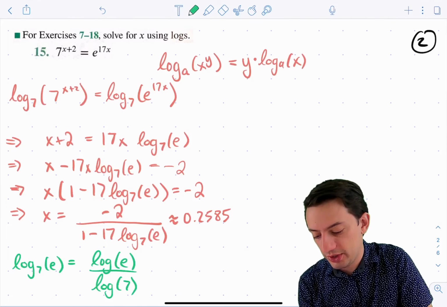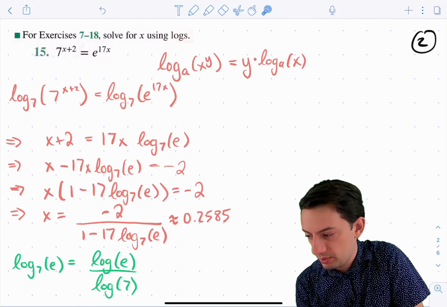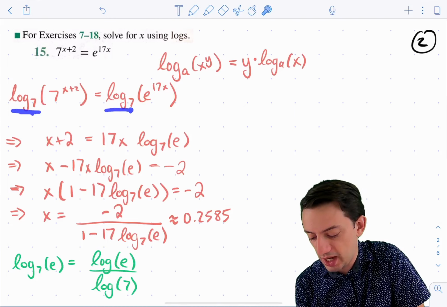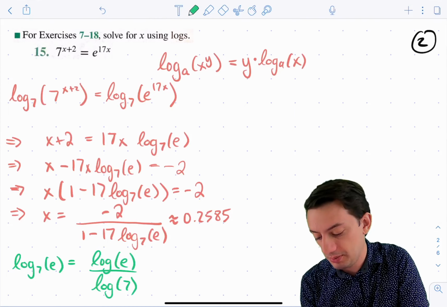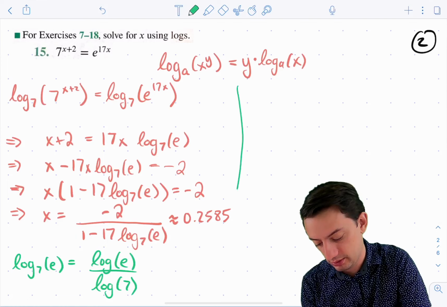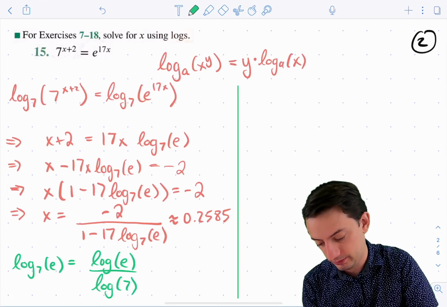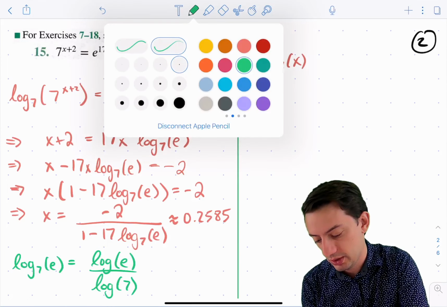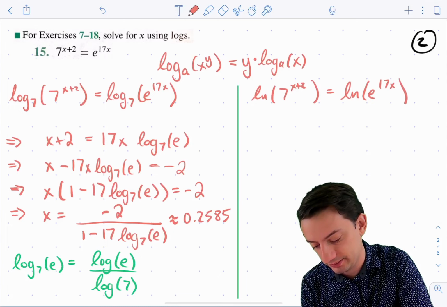Okay, now this was with taking the log base 7 of both sides. But any base works. So let me repeat the work, but with a different base to start with. So let's suppose instead that we took the natural log of both sides. So that's the natural log of 7 to the x plus 2 equals the natural log of e to the 17x.